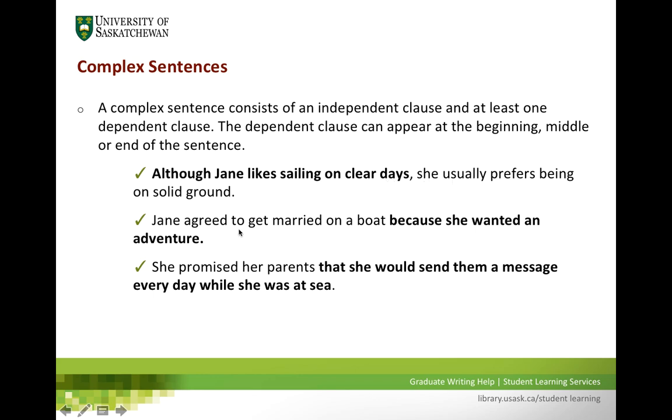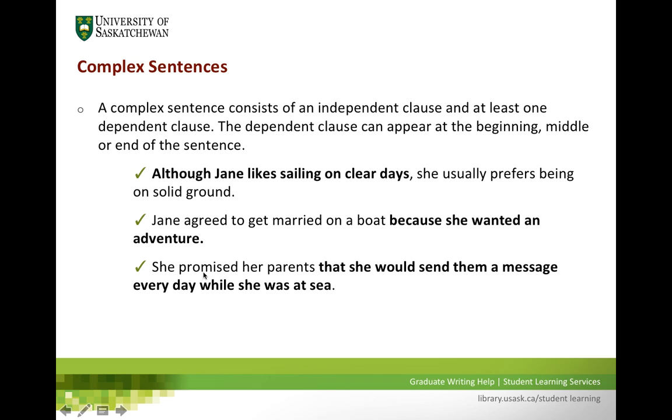Jane agreed to get married on a boat because she wanted an adventure. Here your dependent clause is because she wanted an adventure, and here's your independent clause at the beginning. Last one: she promised her parents that she would send them a message every day while she was at sea. So here we have that she would send them a message every day as one dependent clause, and while she was at sea is a second dependent clause.